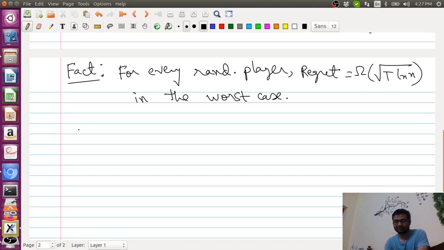And in fact, here is another quite striking fact, which states that there indeed exists an online scheme which guarantees a regret of at most square root T log n asymptotically.